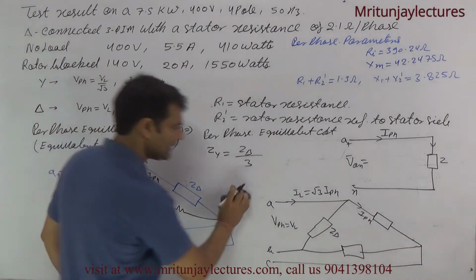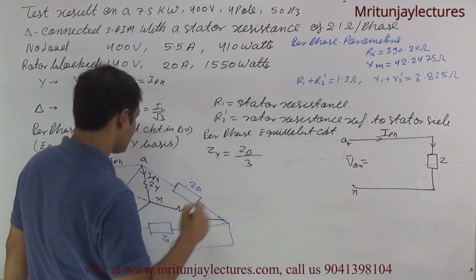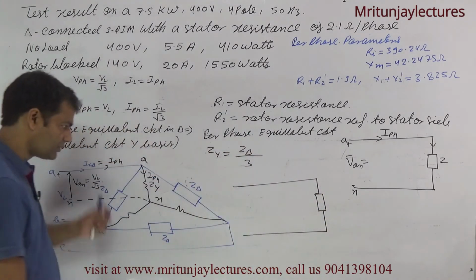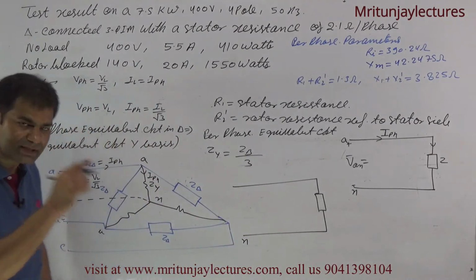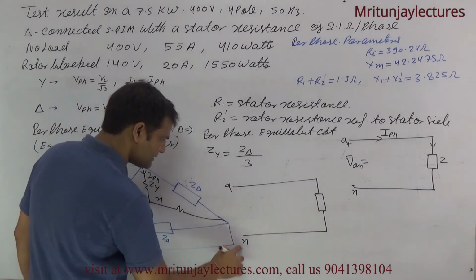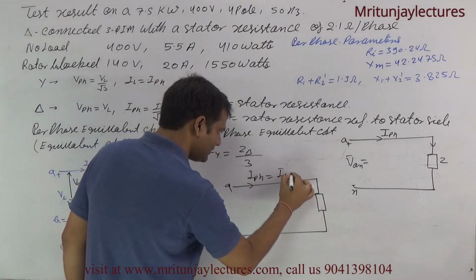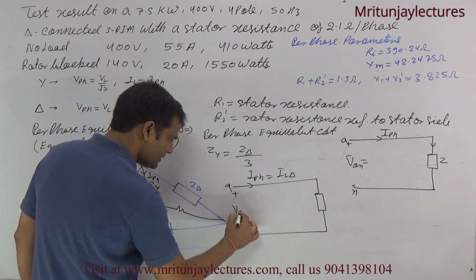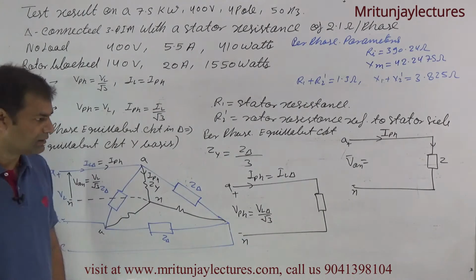So the per phase equivalent circuit in delta on the basis of star connection, that is neutral, that is A, that is N. This current IPH is written as IL delta current, and this voltage is VPH, equal to VL delta divided by root 3. Clear?